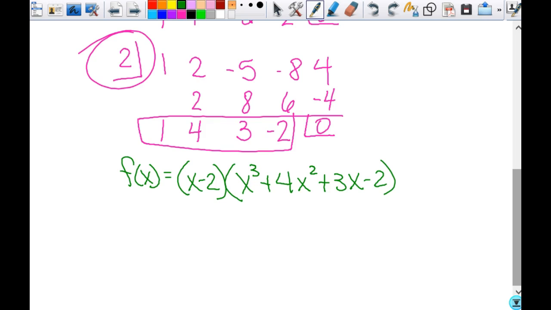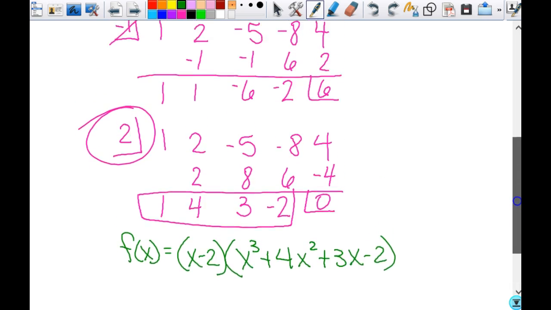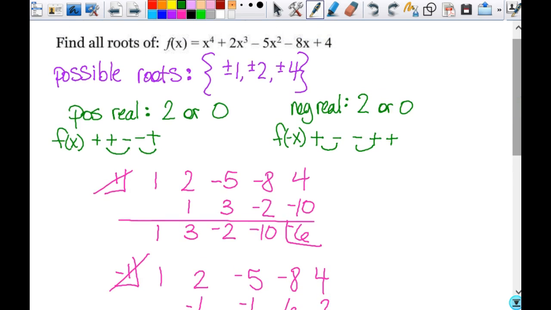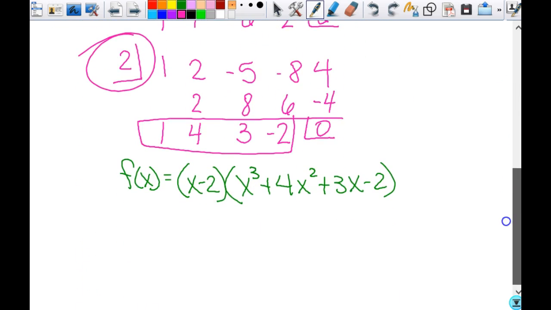Now when I look back up at the top, I'm going to go all the way back up here, and the 1 and negative 1, they didn't work, right? The positive 2 worked. Okay, we haven't tried negative 2 yet. But when you look at what you have with your depressed polynomial here, this has changed, right? So if I use the rational root theorem on this, my only possibilities are plus or minus 1, which we already know doesn't work, and plus or minus 2.